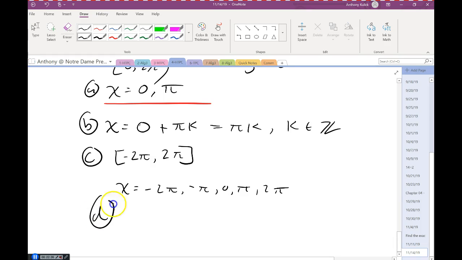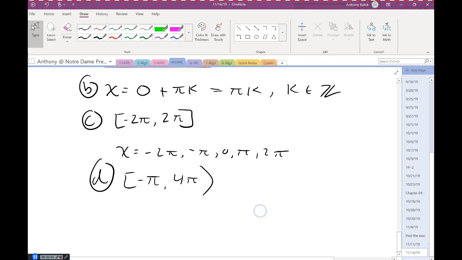In all the examples to this point, it hasn't mattered. But here, the intervals definitely matter because our answers are potentially at these endpoints. So on this one, we're going to go negative pi, 0, pi, 2 pi, 3 pi, and then not 4 pi because of the parenthesis there.